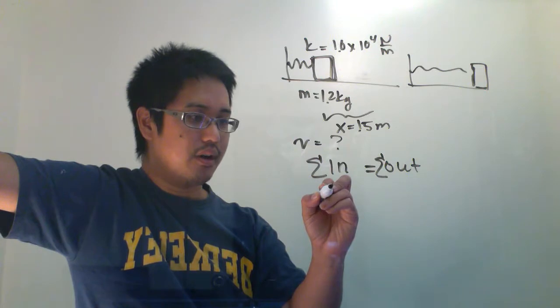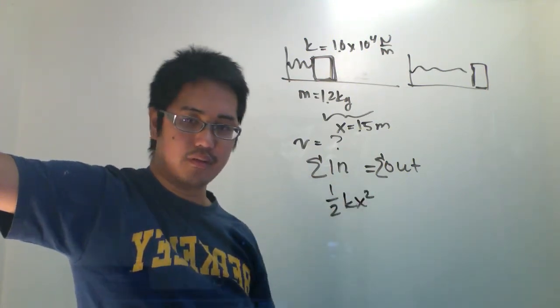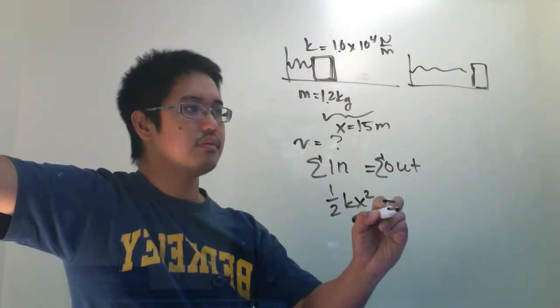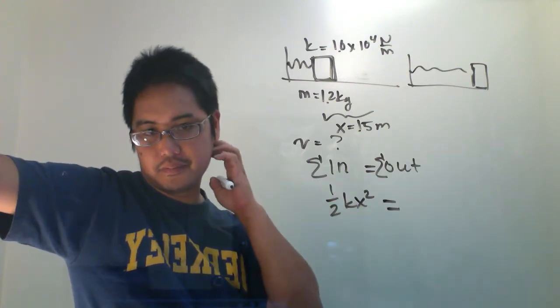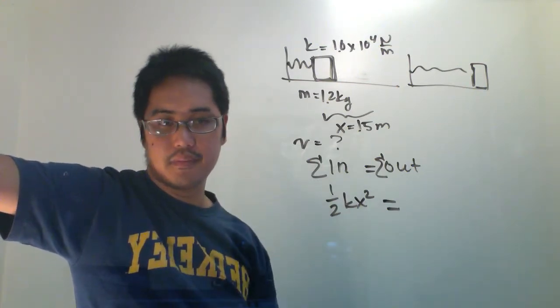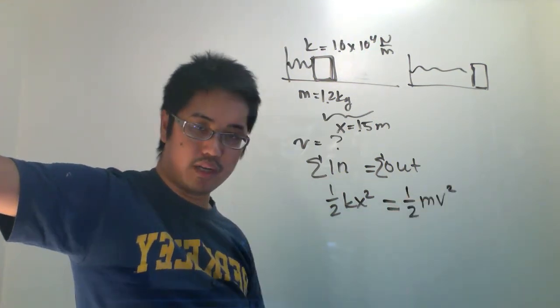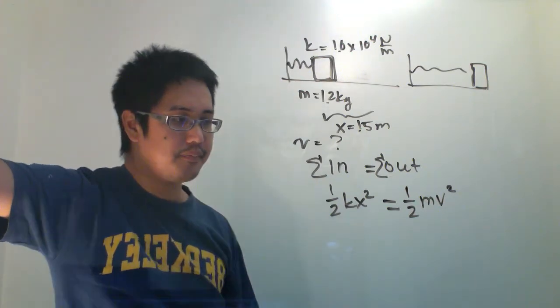So I have 1/2 kx squared. Cool? And that has to equal the energy coming out. What energy do you see that's coming out? Kinetic. 1/2 mv squared. That's the equation for kinetic energy. We cool?